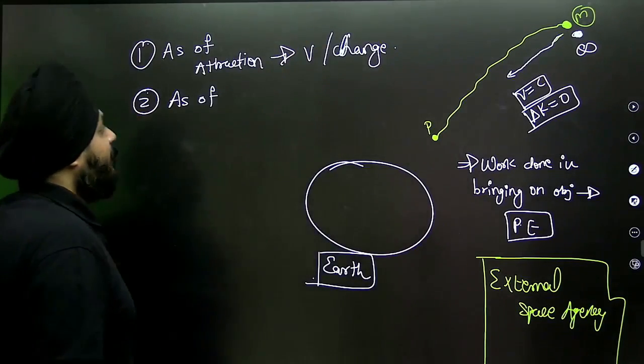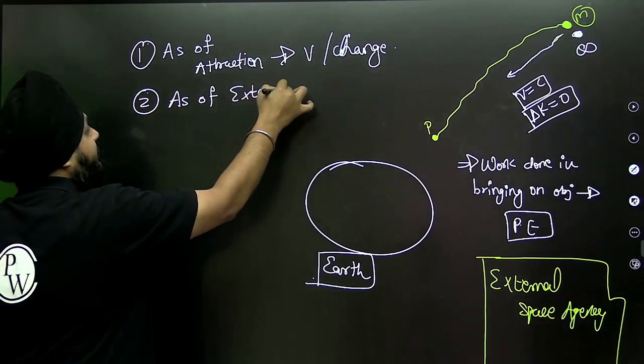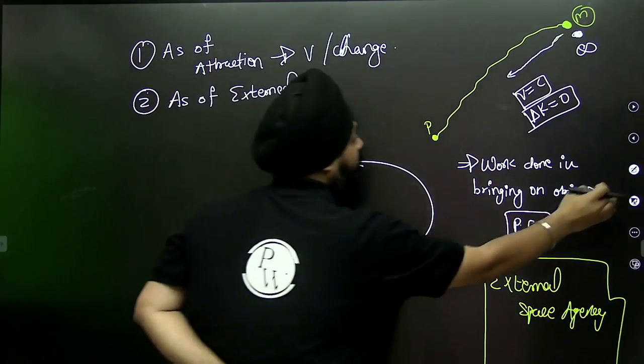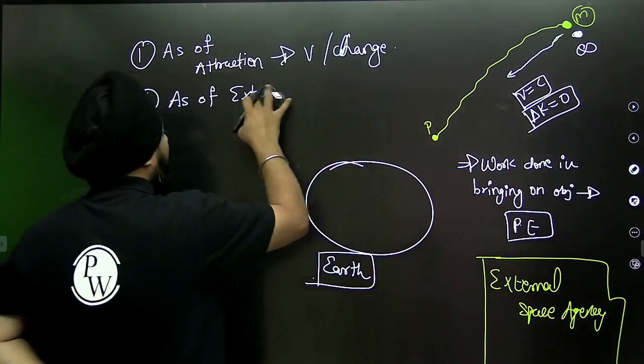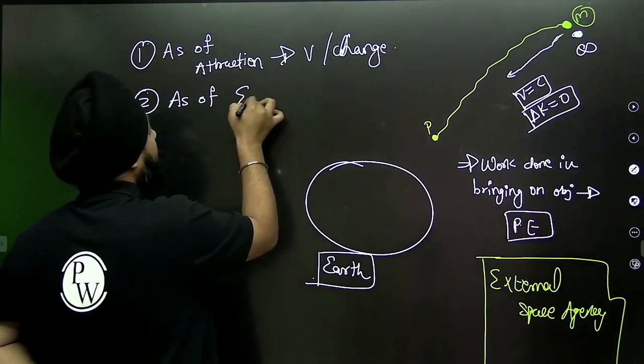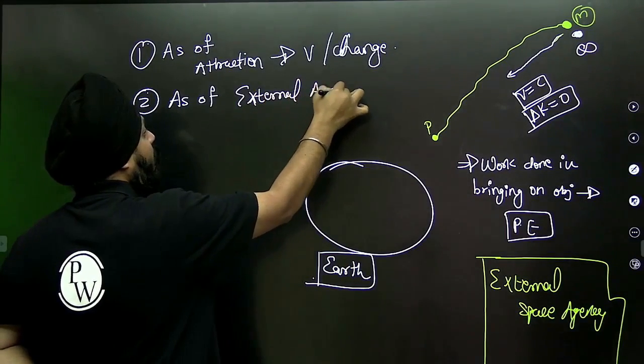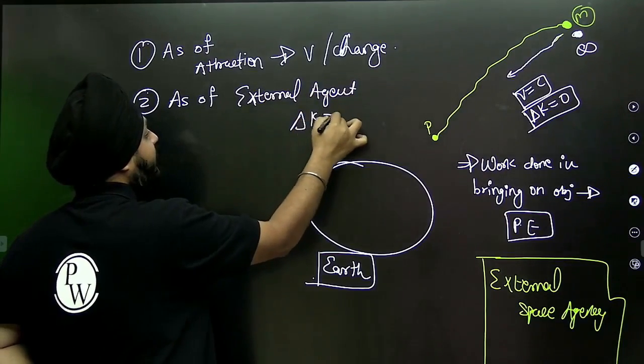Then velocity may get changed. But as of an external agent, velocity will not get changed.